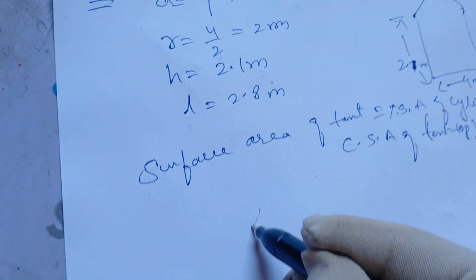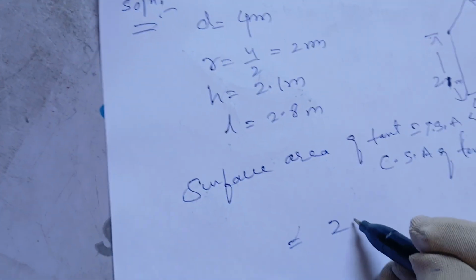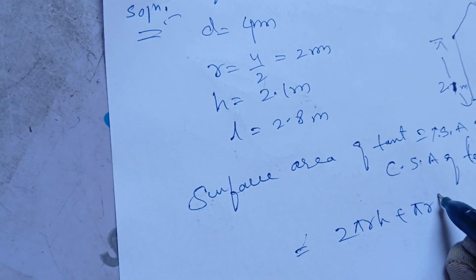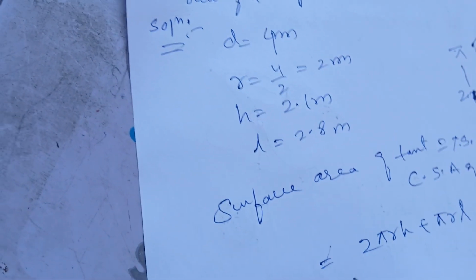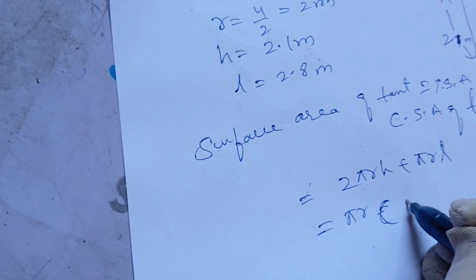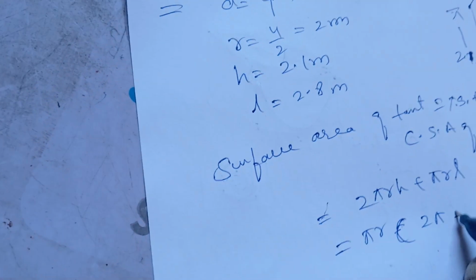So we will substitute: the curved surface area of the cylinder is 2 pi r h plus the curved surface area of a cone. So pi r we will take common, we will get pi r (2h plus L).